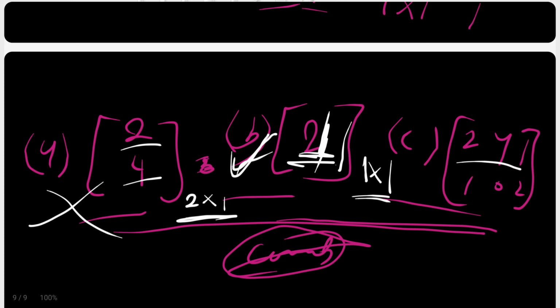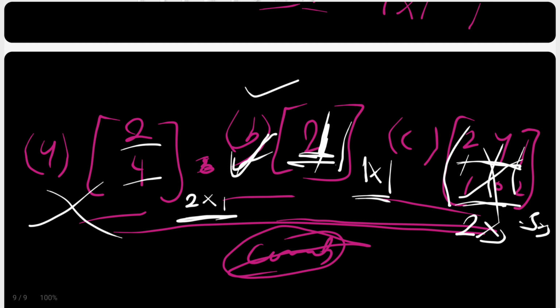In this one, let's see, 2 rows and 3 columns. It is not our square matrix, so option B is correct. Is it clear for you? Right, so let's come to another topic. The square matrix is clear for you.